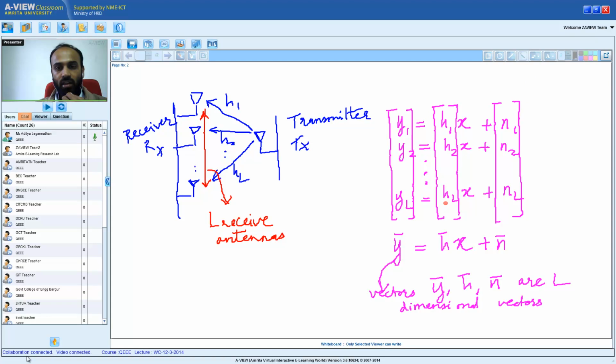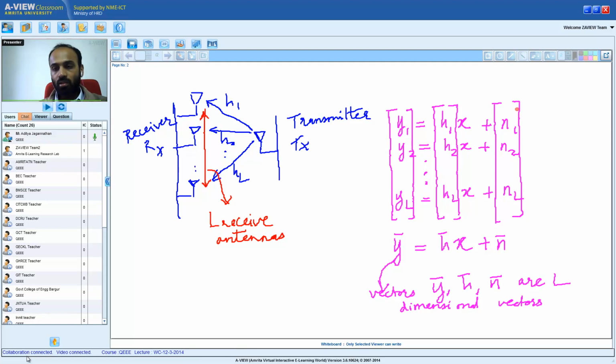Because I have multiple receive antennas, I have converted my simple scalar communication system into a vector channel. I have L channel coefficients H1, H2, HL, so you can think of this as an L dimensional vector communication channel.